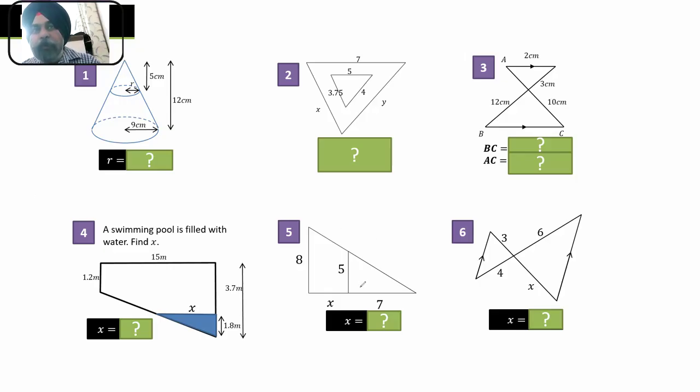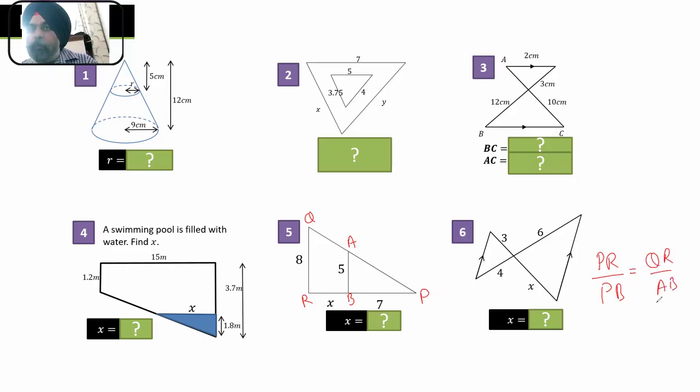In this one, we have 8, 5, x and 7. So if we look at the triangle, this is P, Q, R, and this is A, B. So it will be ratios. So it will be PR upon PB equivalent to the corresponding side upon AB.